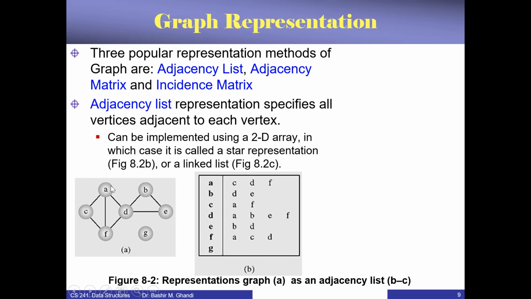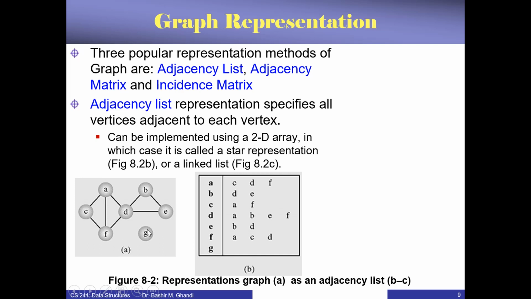So for example, A is adjacent to C, D, F. So we list those vertices along the row A. Similarly, vertex B is adjacent to D and E. So we list them along the row for vertex B, and so on and so forth. For D, for example, you can see it's adjacent to A, F, B, E. So we list all the four of them here.